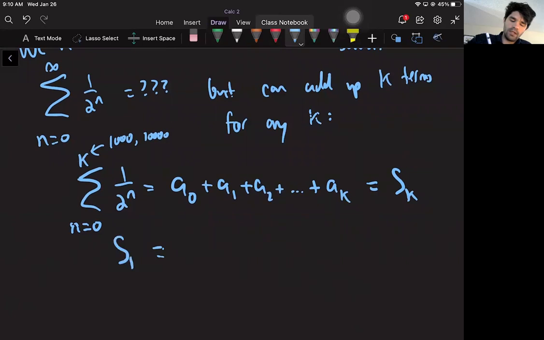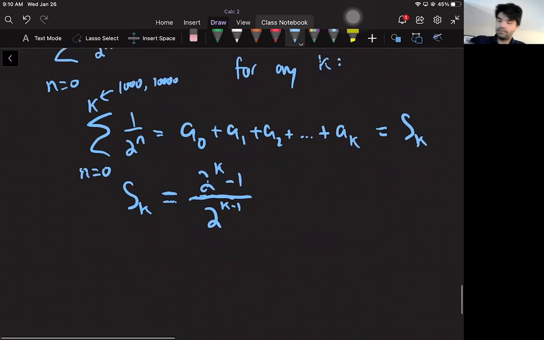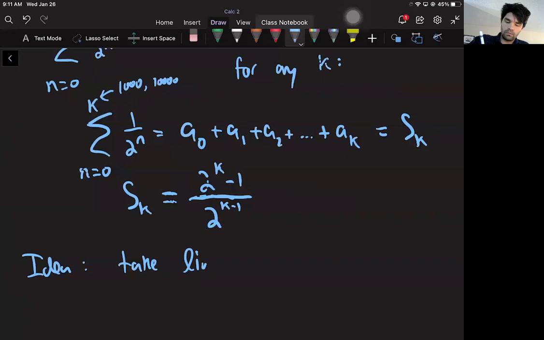This is really just SK, and I have a formula for that, which was 2 to the K minus 1 over 2 to the K minus 1. Well, if I want to add up to infinity, what would a good idea be? Why don't we just take the limit as K goes to infinity?